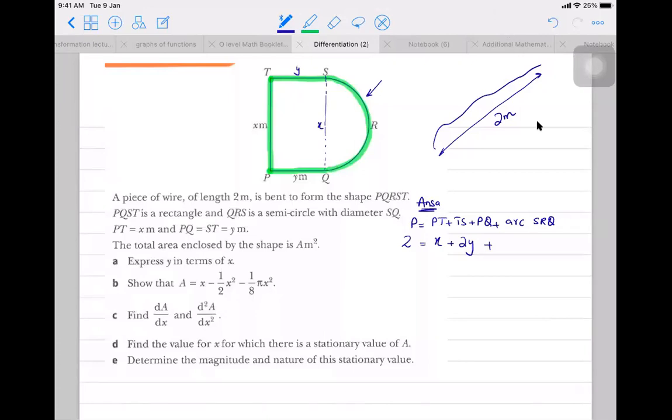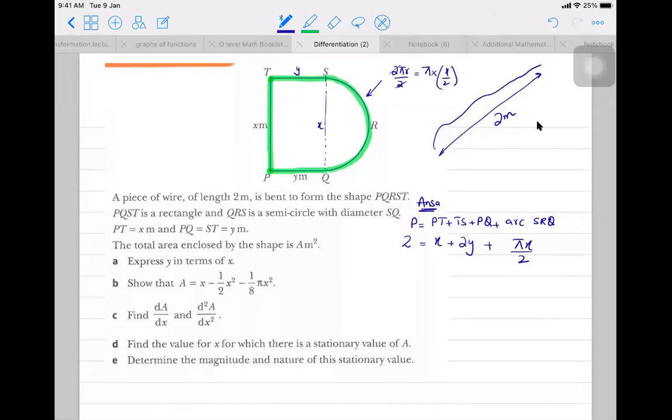Any suggestions? 2 pi r upon 2. Okay, so simply pi times radius. What is the radius over here? x upon 2. So the arc length is simply going to be pi x upon 2.